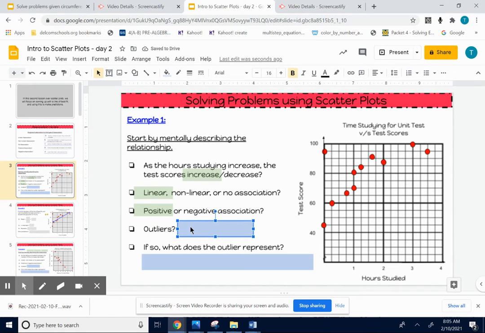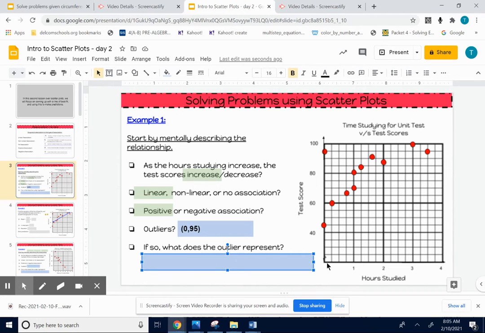Are there any outliers? I'm going to say this point right here is kind of far away from the others. This is the point (0, 95). I'm going to say (0, 95) is an outlier. If there is an outlier, what does this represent?